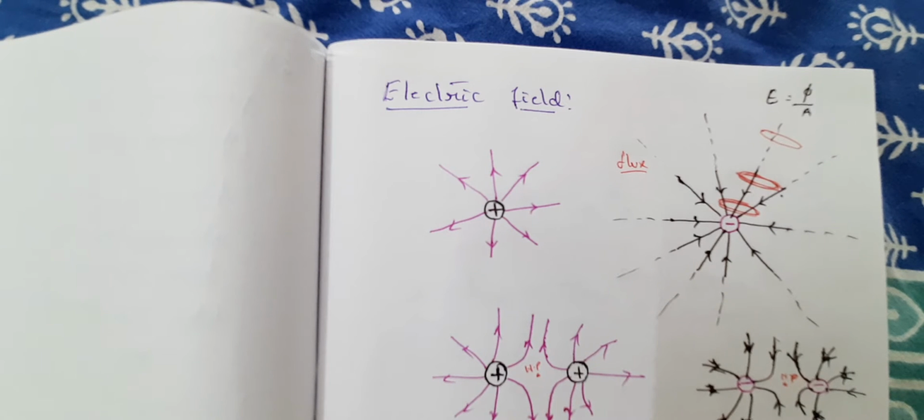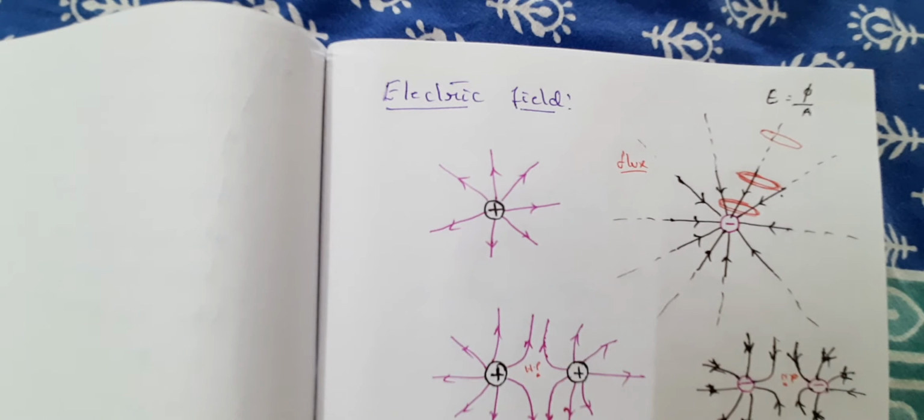When we talk about a positive charge or a negative charge, the field extends till infinity. Theoretically, the field extends till infinity, and at infinity it becomes zero. Of course, the intensity of the field decreases as you go far from the charge.